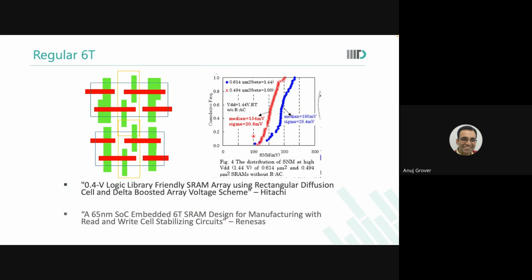But when you do that by changing the size, what happens is that there is a notch, a bend that is coming because pull down is larger than the pass gate. So there is a bend that is coming. And on silicon, that results in variations.